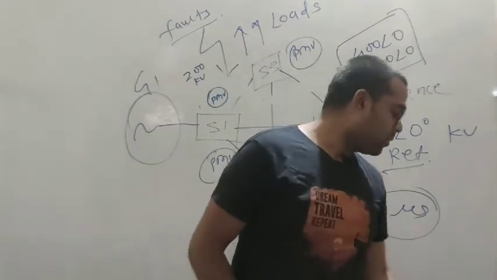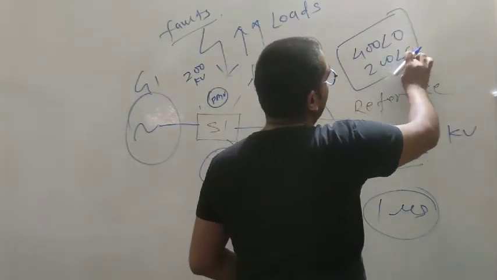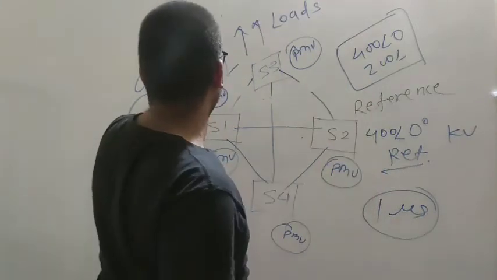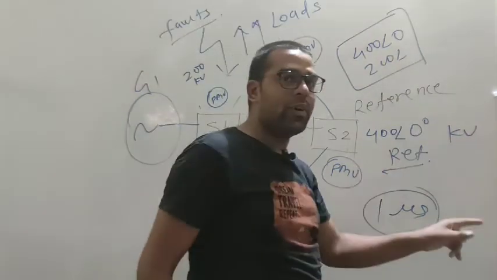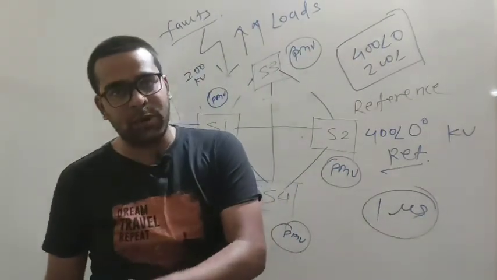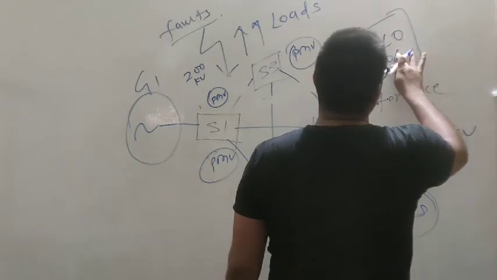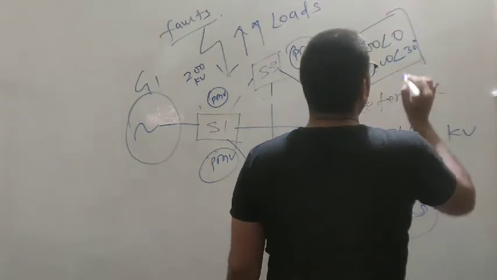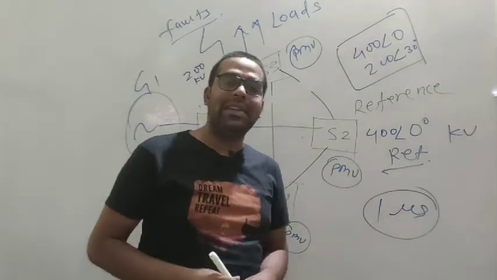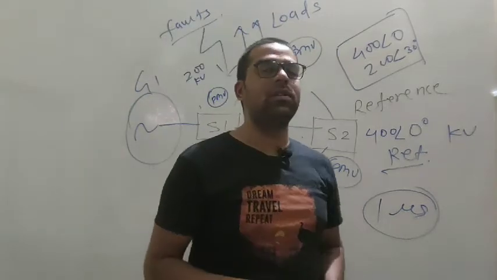If the rotor angle is changing, then definitely the angle here, initially 200 at an angle of 0 degree, will change because of the oscillations, assume to 30 degrees. Again, your PMU is going to detect that angle change, and this is also one kind of fault.